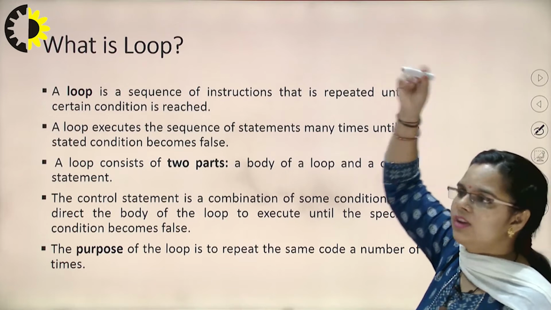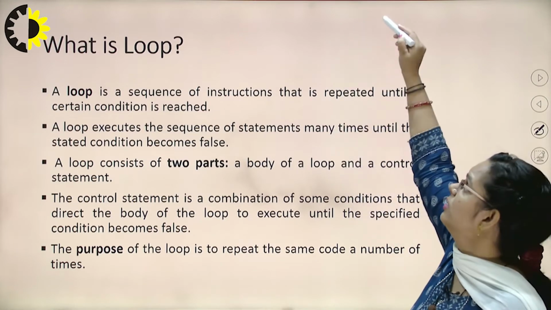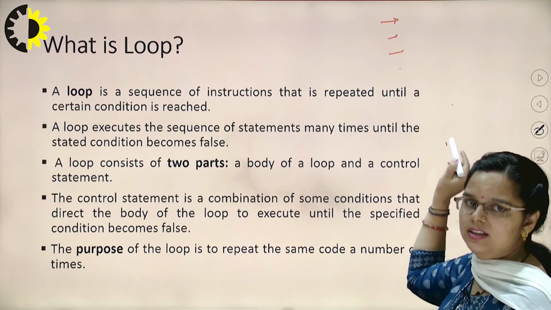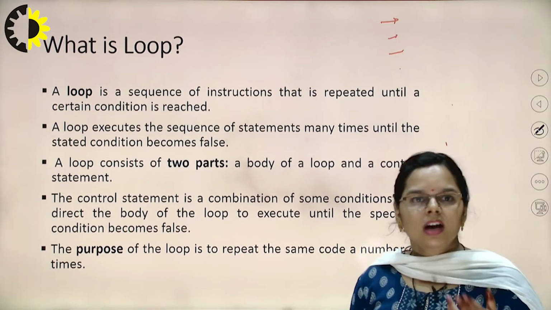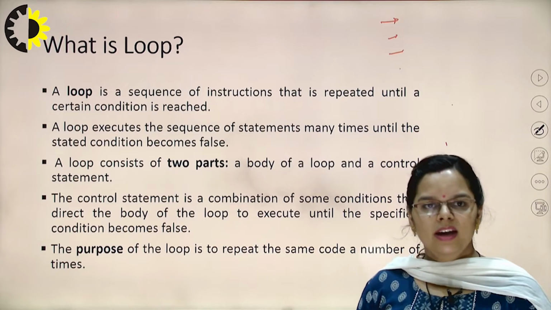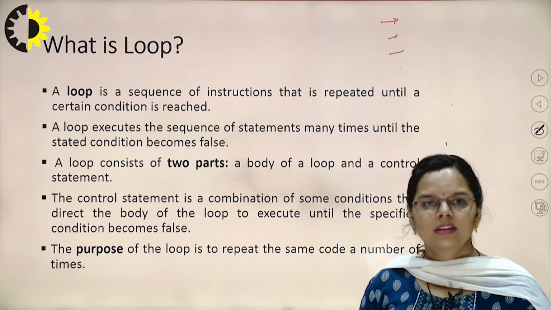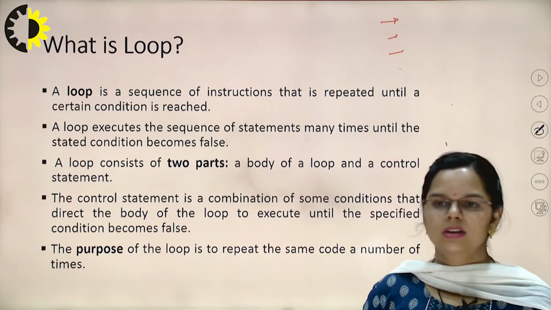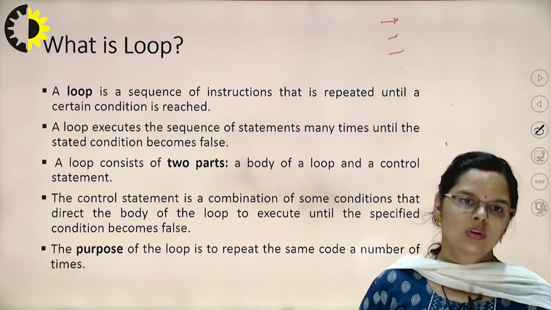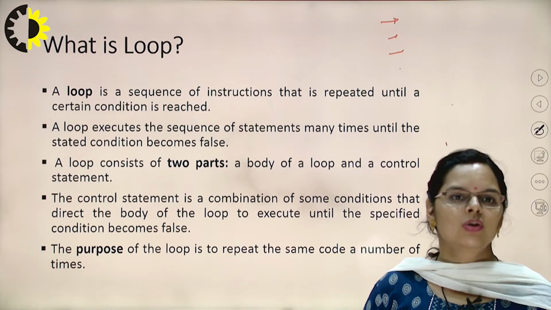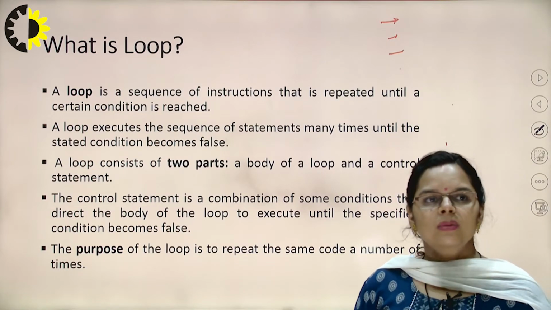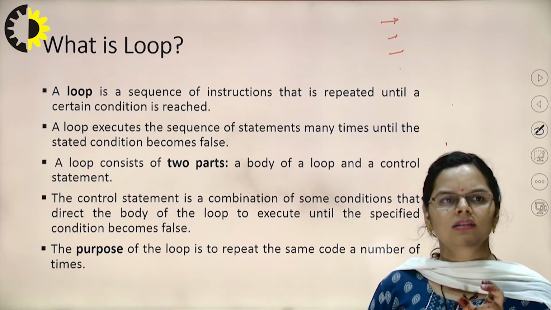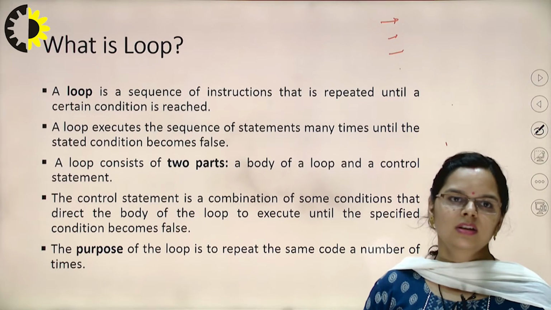We print hello world once, then second, third, fourth, fifth, sixth, up to the 10th. The moment the loop counter exceeds the condition, with i equal to 11, the loop will automatically exit. So basically a loop executes a sequence of statements many times until the condition is false.